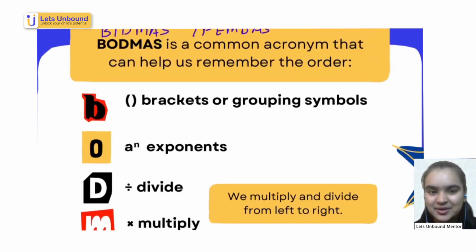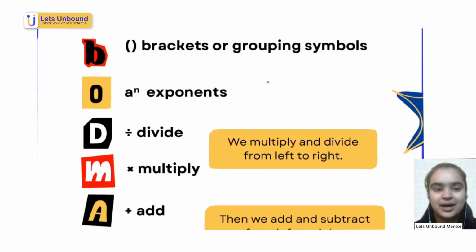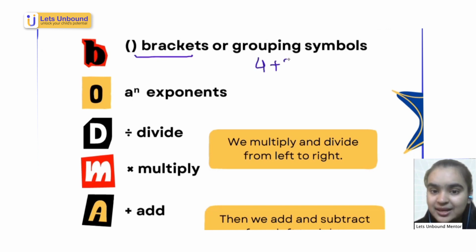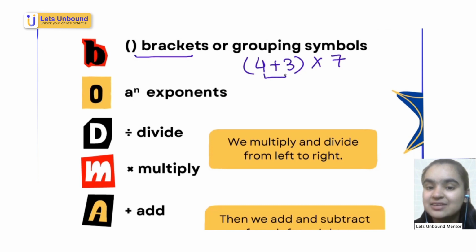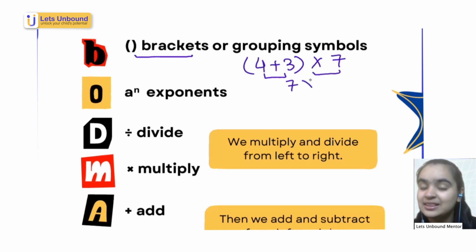Let's learn about it. So, in BODMAS, B stands for brackets. So in a question, if we are having brackets, we have to solve that first. For example, here we are going to solve brackets first instead of multiplying 3 with 7. So 4 plus 3 is 7, and then we are going to evaluate ahead.